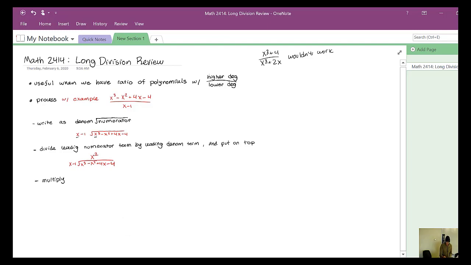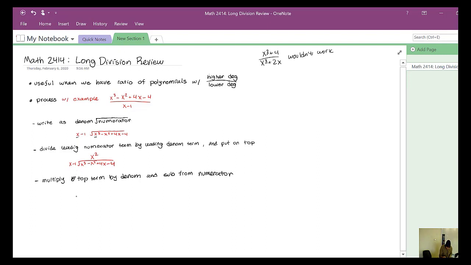After that, now we multiply this term we got up here by the denominator and subtract from the numerator. So what is x squared times x minus 1?